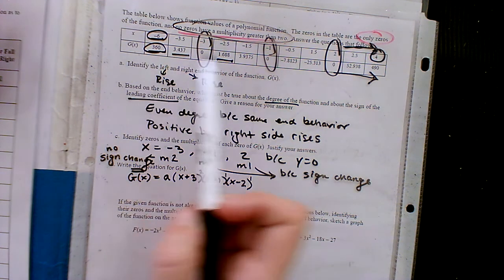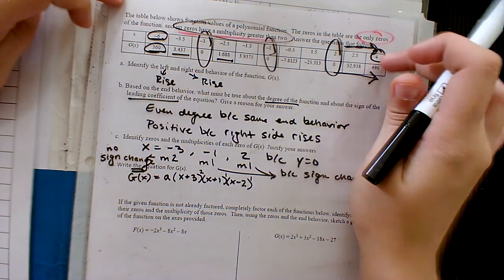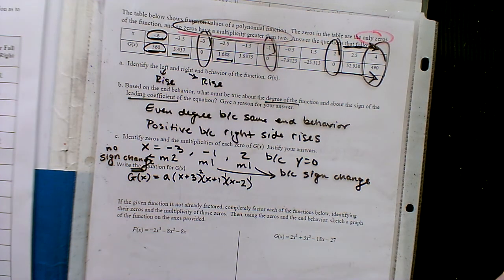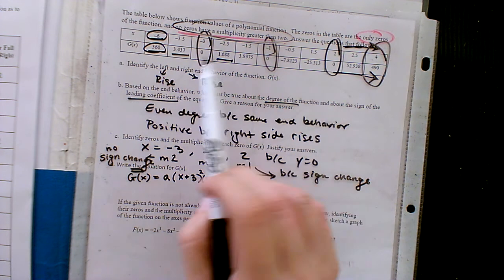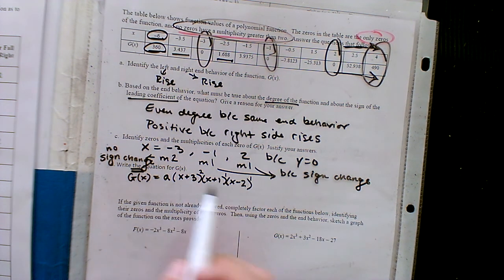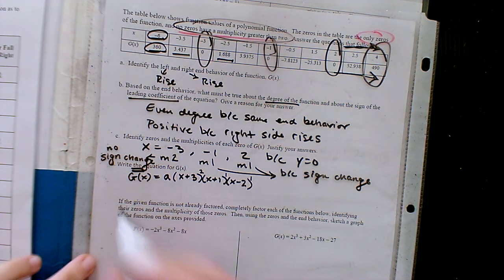Okay, so you have a bunch of options based off the table. Caitlin, do you have a preference as to which one we choose? 4 and 490. Okay, good. Try to pick one that doesn't have any decimals, because I know you're going to like that one better. And just as a reminder, you cannot choose one of the x-intercepts, because if you were to plug that in, the whole thing would become 0, aka the A would not be there anymore. So you have to pick something other than an x-intercept.